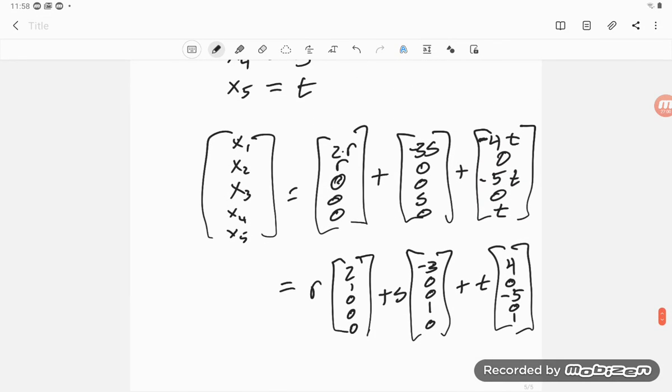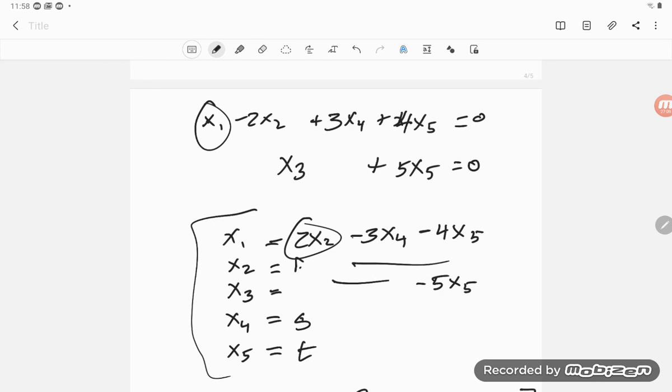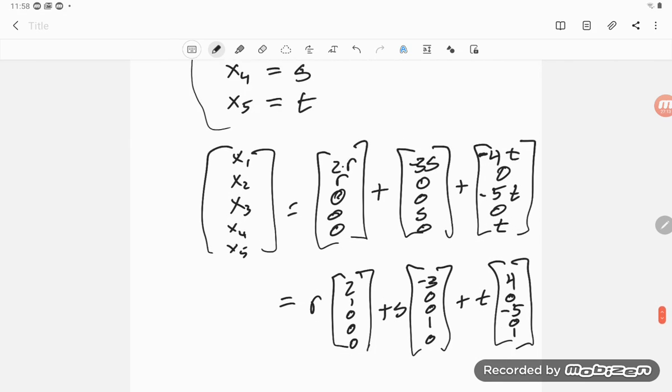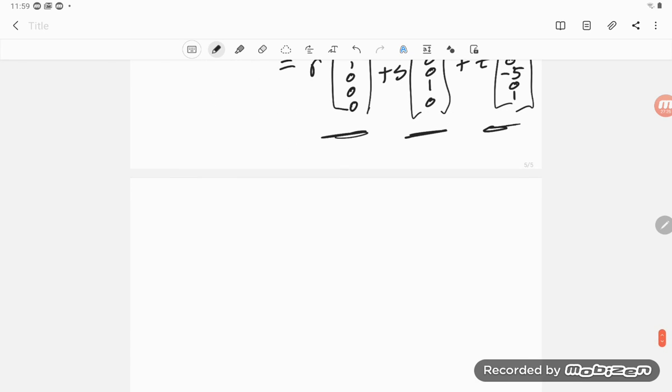My suggestion is you go through and you take your time to write down things as I did, and substitute your variables and so forth. Just take your time the first few times through it to get this basis for your null space. But here we go. There is my basis for the null space.